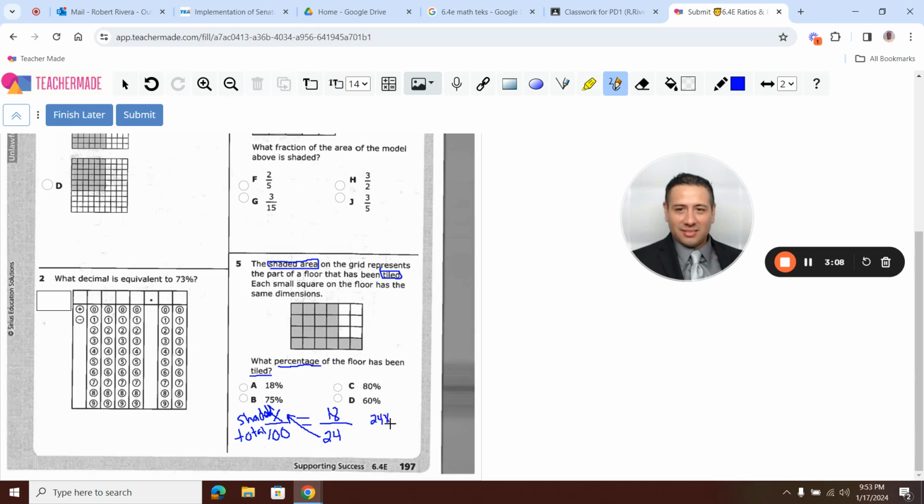24 times x, 24x, 100 times 18, 1,800. We're trying to solve for x, so we're going to use set m. A number next to a letter means multiply, so to get rid of that, we're going to divide.